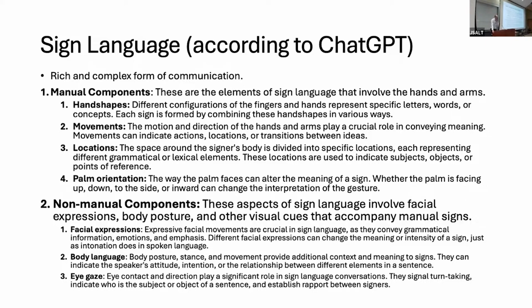We are taught that there are two main components of the language: a manual component and a non-manual component. That's the general distinction. The manual component is the movement and the things you can observe pretty well, like the hand shapes, as we saw, C, D, or thumbs up.